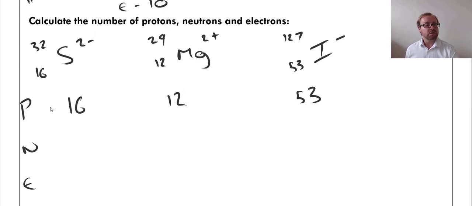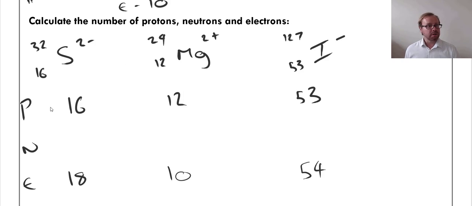Now here we have a 2 minus, so that means I must have added 2 more electrons. So I would have 18. Here I have a 2 plus, which means I must have taken away 2 negative charges. Therefore 10, 12 minus 2 equals 10. Here I have 1 more negative charge, so I must have added an electron to get 54.